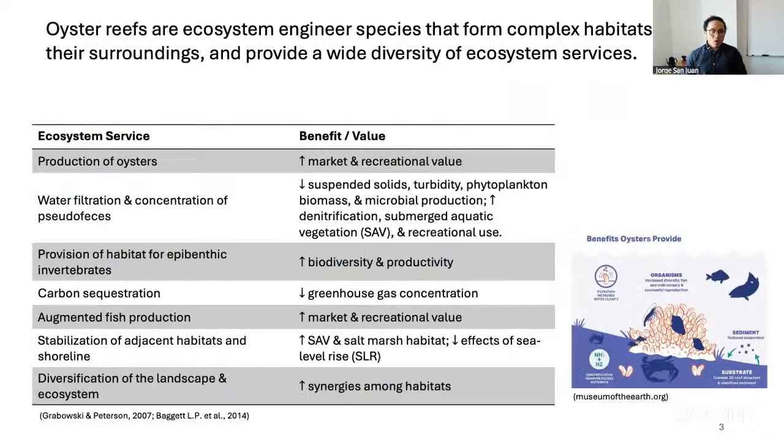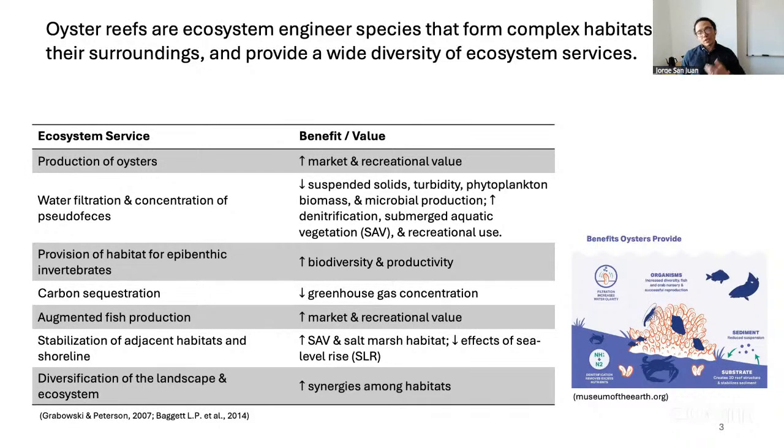So first of all, oyster reefs. Oyster reefs are very complex ecosystems. They are habitats in coastal areas that provide a lot of ecological services. These range from water filtration, improving water quality, as they are filter feeders.